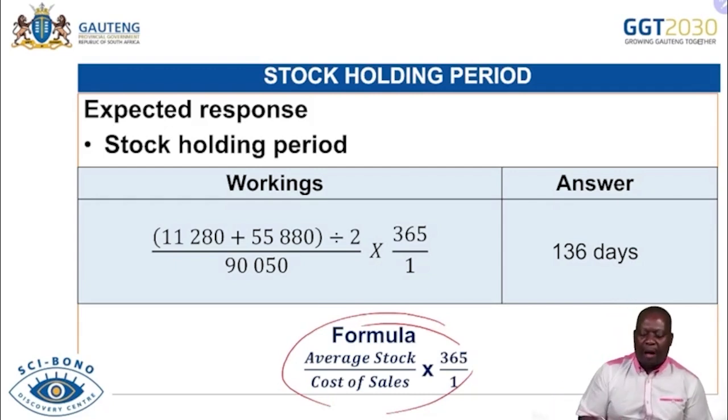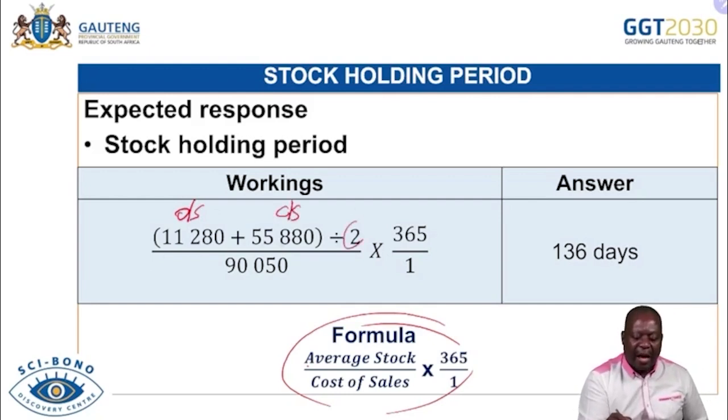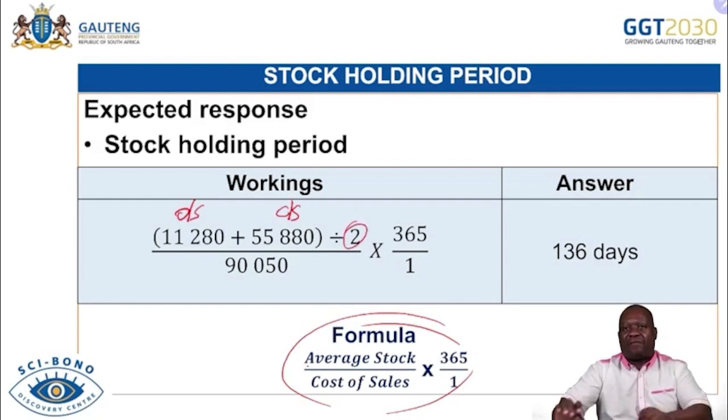Now, how do we go about calculating average stock? Opening stock, remember it was given, plus closing stock, we calculated it. We add the two and we divide this by 2 to find the average.